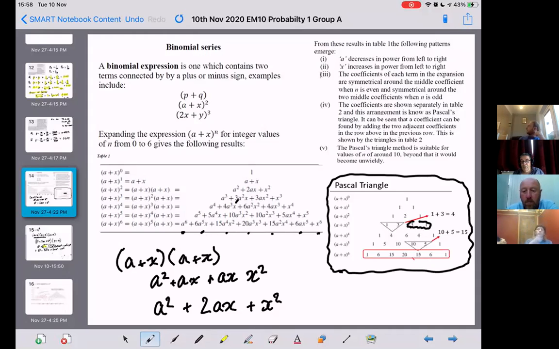All right. That method is suitable perhaps for values of n of around 10. If you go beyond that, it would become a little bit big and unwieldy. But I'm not going to get you to do any problems beyond about the power of 7 or 8. So you should be able to use Pascal's triangle to find your coefficients for the binomial series.